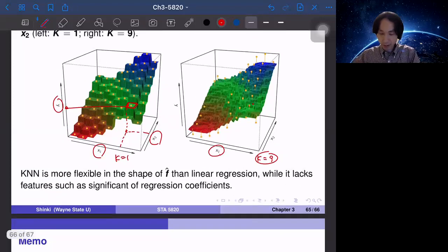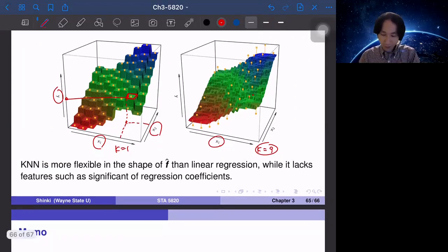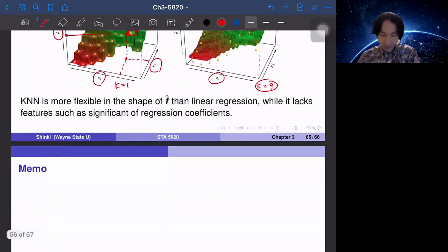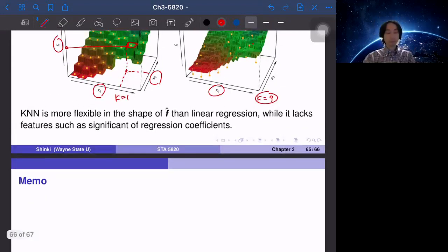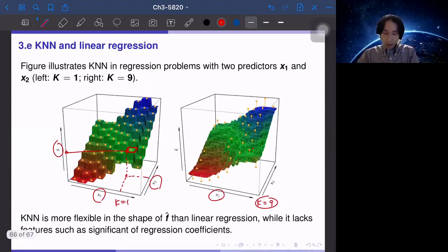So large k, smoother; smaller k, bumpy. But with large k, although smoother, there is larger bias in some cases, since it doesn't adjust to the data. Yeah, so this is chapter 3.